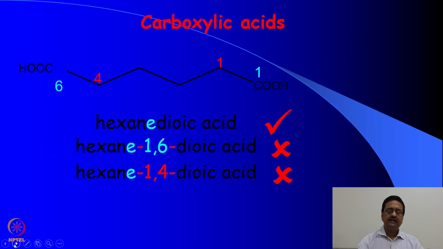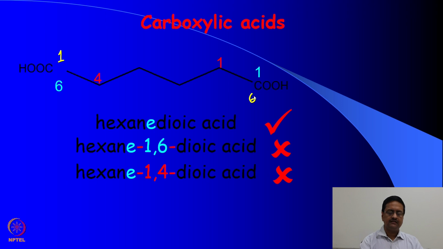Now, we have one example here. We have a 6-carbon chain molecule and we have carboxylic acid at either end. Whether you identify this end as 1 and that end as 6 or the other way around, both are hexane dioic acid.